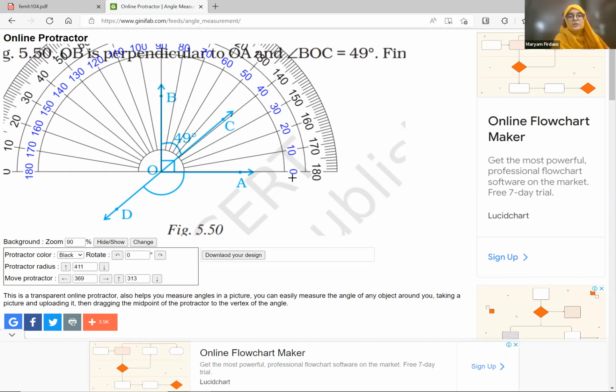Because obviously it's starting from 0, 10, 20, 30, right? So if your angle was 0 degrees, it would be pointing over here. But if the vertex is on the right-hand side and the opening of the angle is on the left-hand side, then you will measure from the readings which are on top. The black one? Yeah, the black one.